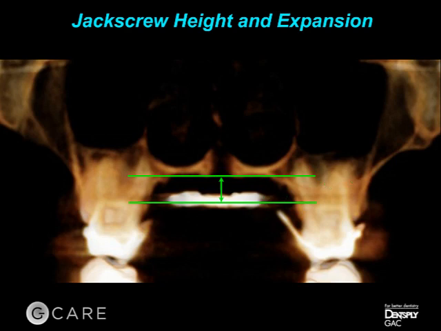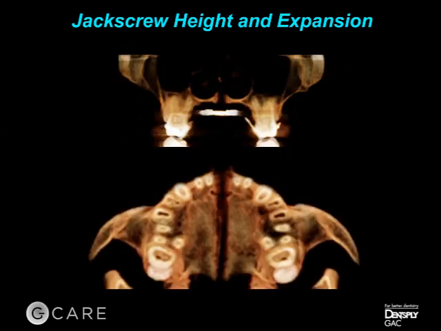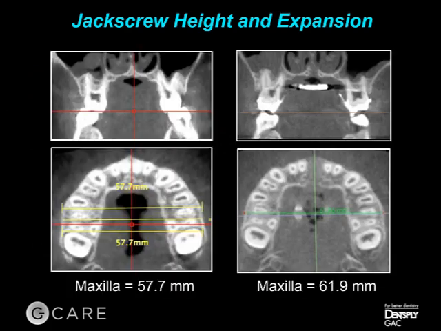Now this is a 13-year-old boy with a tooth-borne expander, where conventional thought would say there's going to be a lot of dental tipping and not a lot of sutural change. However, if you look at the image, you can see there was plenty of sutural split, and his pre-treatment measure was around 58 millimeters, and his post-expansion measurement was around 62.